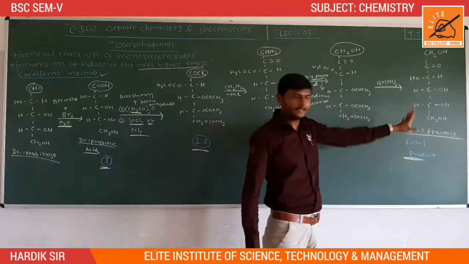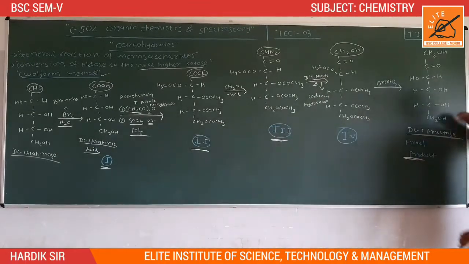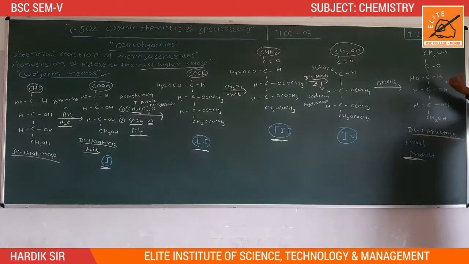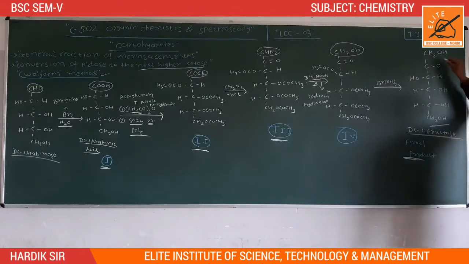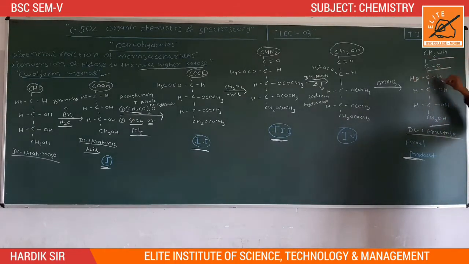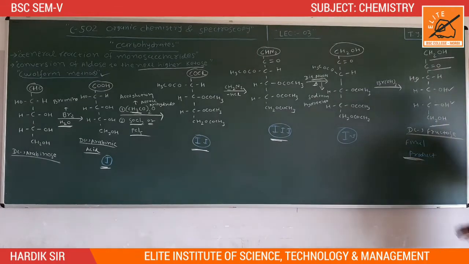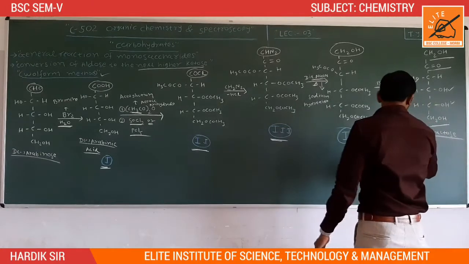This is the structure of D-fructose: CH2OH, a carbonyl group, and three hydroxyl groups, and CH2OH. So this six carbon compound is called D-fructose, and this is the next higher ketose.